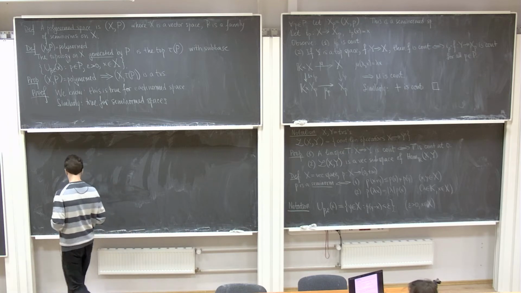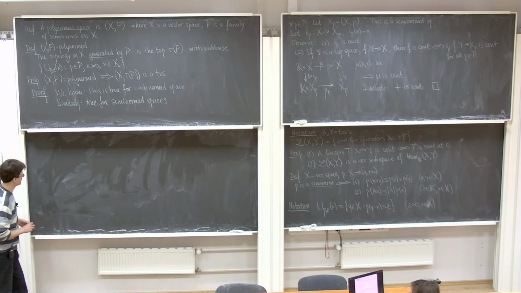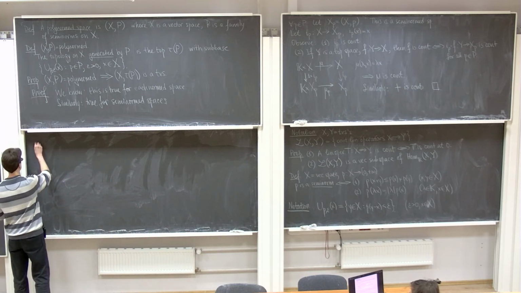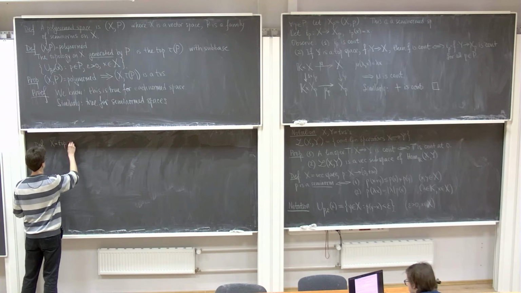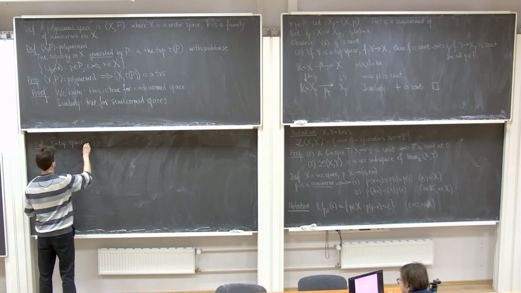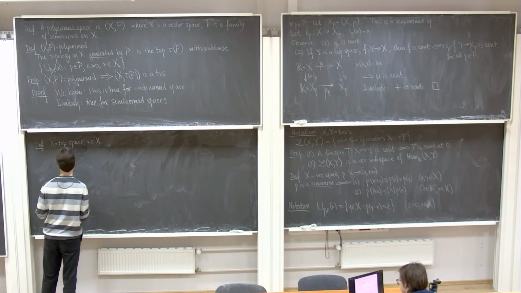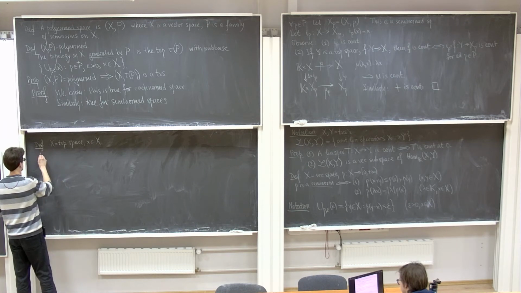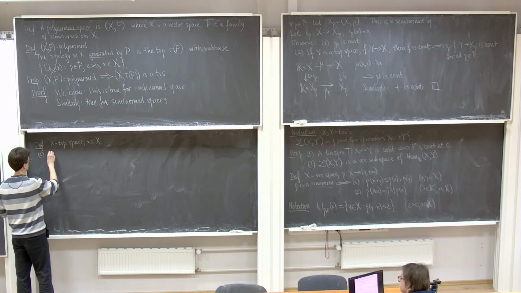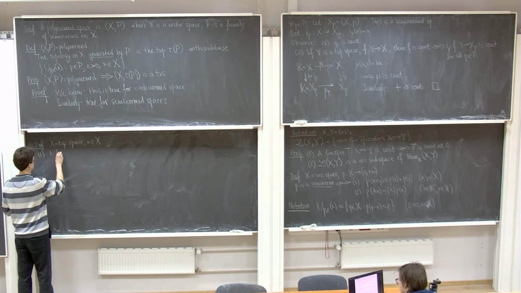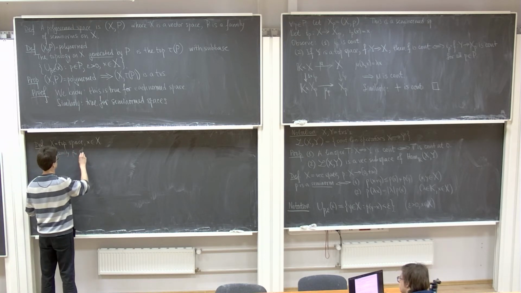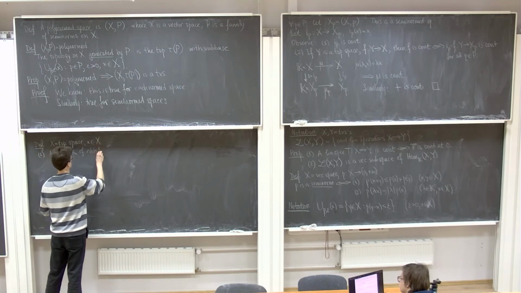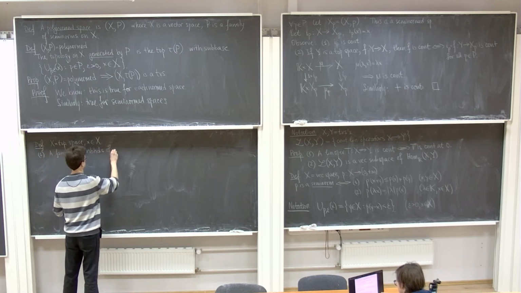Before we can do it, let's recall some definitions from general topology. Suppose that X is a topological space, and little x is a point in our space. Definition 1: suppose that we have a family beta_x of neighborhoods of x.